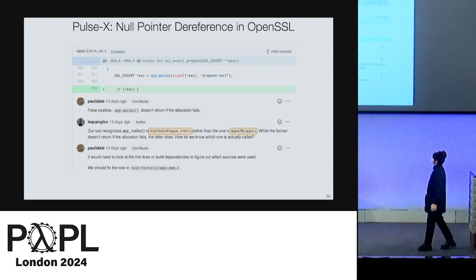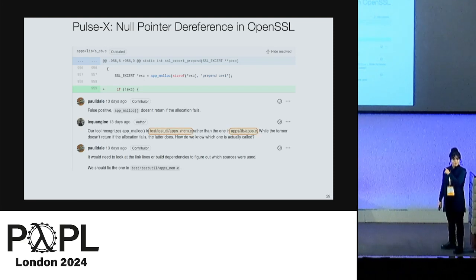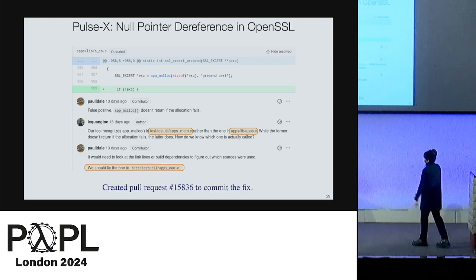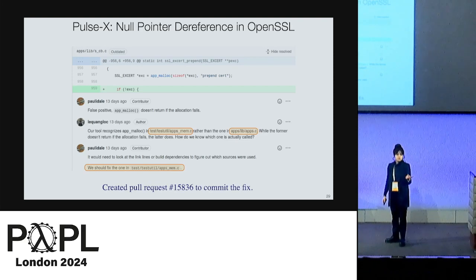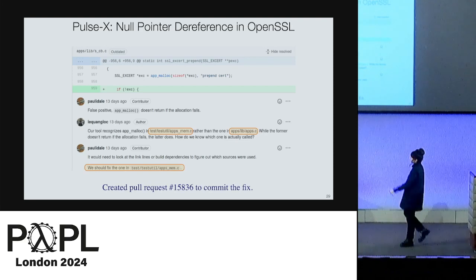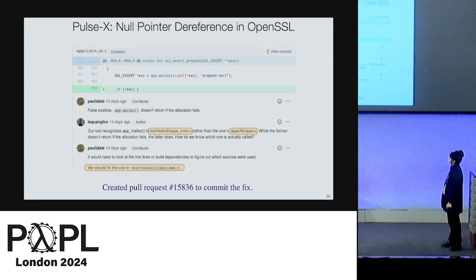And it turns out there are two versions of app_malloc in two separate files, and they were calling the wrong one. And we said, very coyly, we think you're still wrong because you're calling this other one, and this other one doesn't behave as you said. And at that point, the developer acknowledged that, yes, we should, A, call the right one, and B, fix the implementation of the other. So this was eventually fixed.